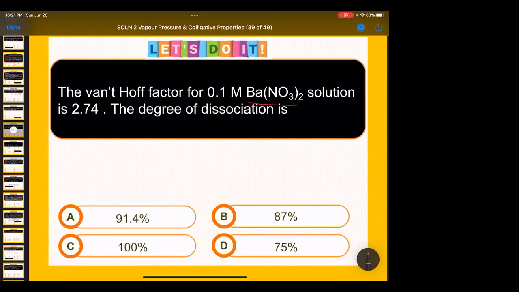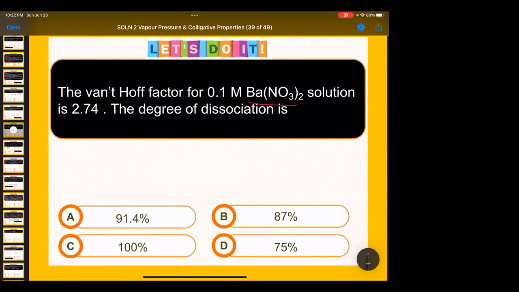3, because there is one barium ion and two nitrate ions, total 3 ions. But that value of 3 is going to come up only if it is 100% dissociated. If it is not 100% dissociated, it is not 3.